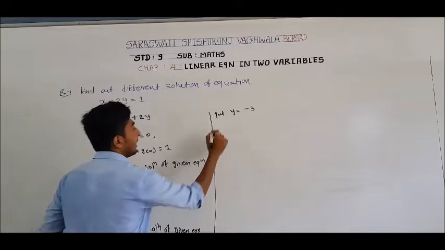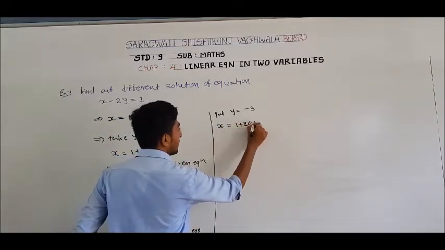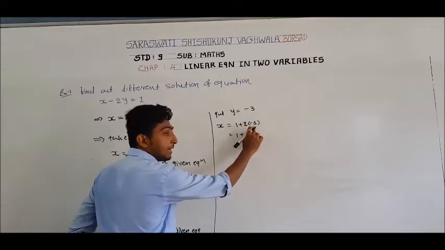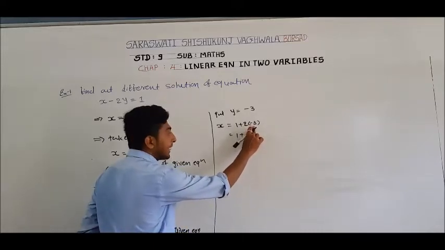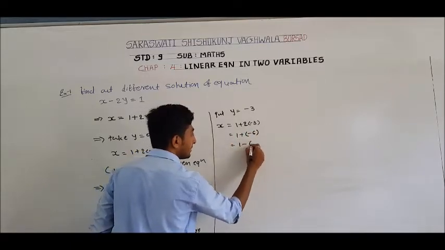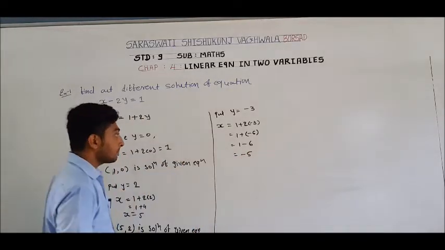Let us see. X equal to 1 plus 2 into minus 3. 2 threes are 6. The number has a negative sign, so that is minus 6. That is 1 minus 6 equal to minus 5.